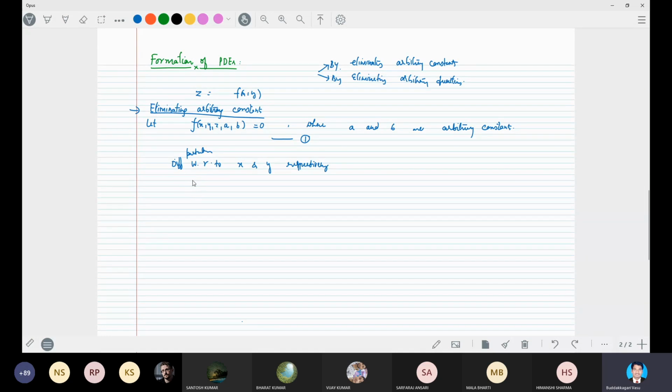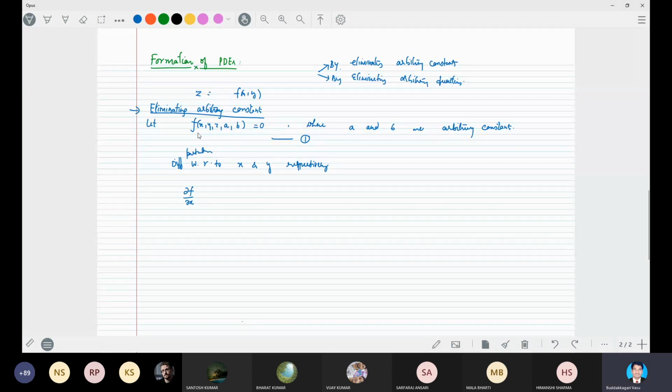So while differentiating f first with respect to x, dou f by dou x, the left-hand side is to be differentiated with respect to x. Tell me, here x, y are independent variables, z is dependent variable, a, b are constants.